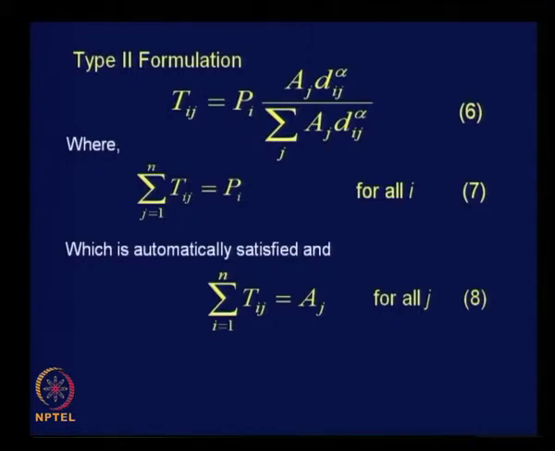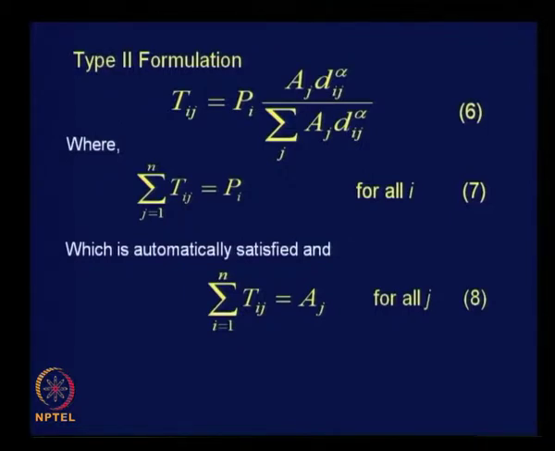And how do we calibrate using the doubly constrained gravity model? The same procedure. We assume a value for alpha, we assume an initial value of Yj, not Yj, Aj, isn't it? Yes, Yj is related to the trip attraction adjustment factor, right.